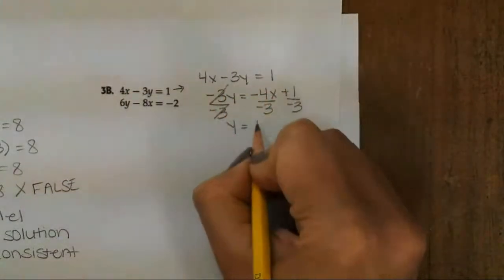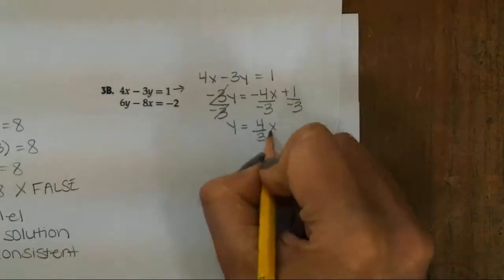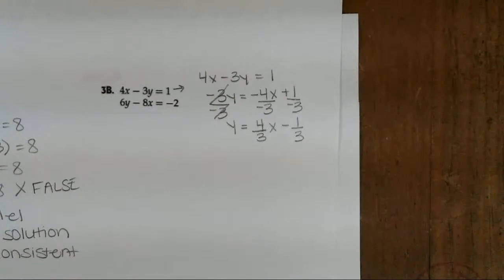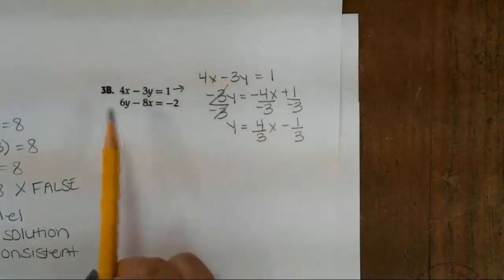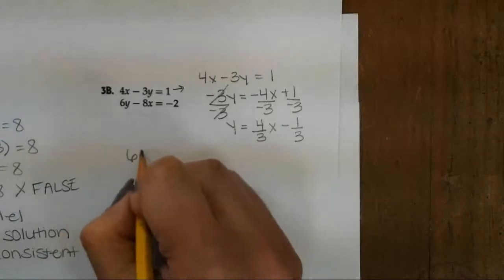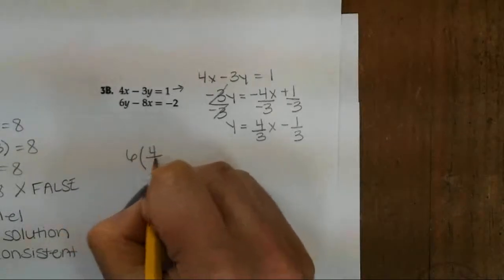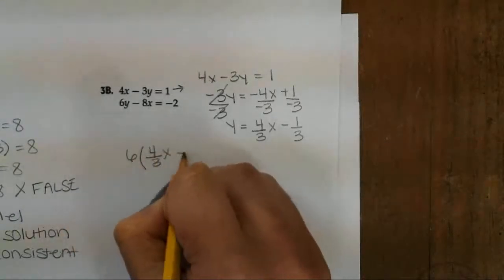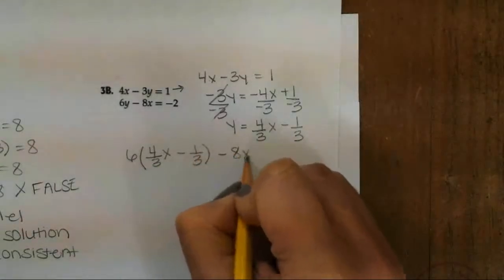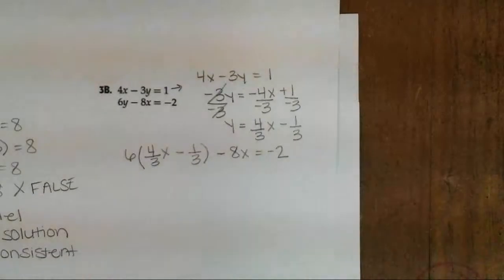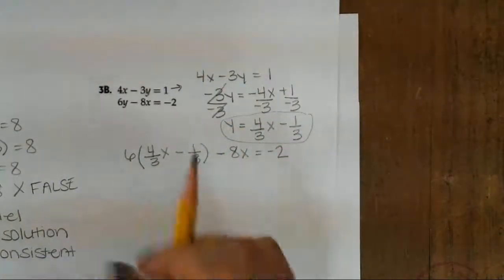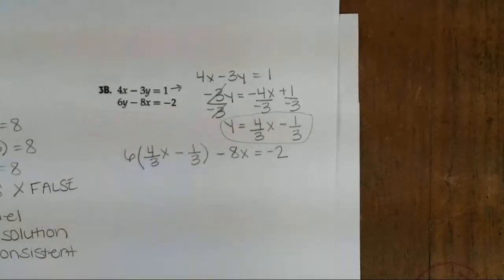I know how much we love fractions, but sometimes you got to do what you got to do. So I'm going to substitute that into my y over here. I have 6 times 4 over 3x minus 1 over 3, minus 8x equals negative 2. All I did was substitute that y value into this y value.